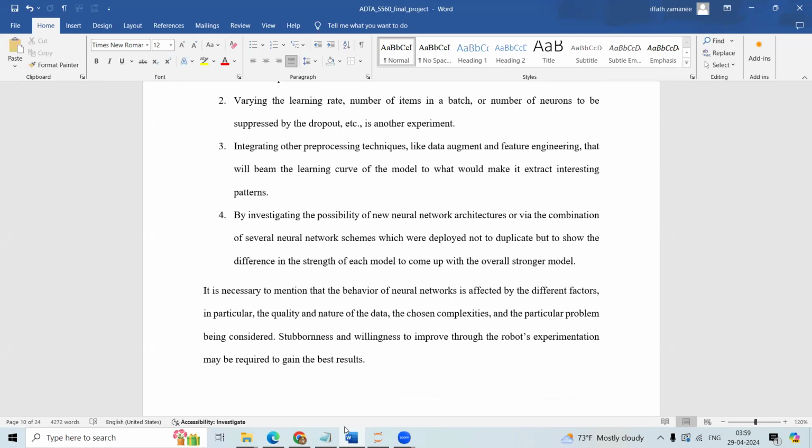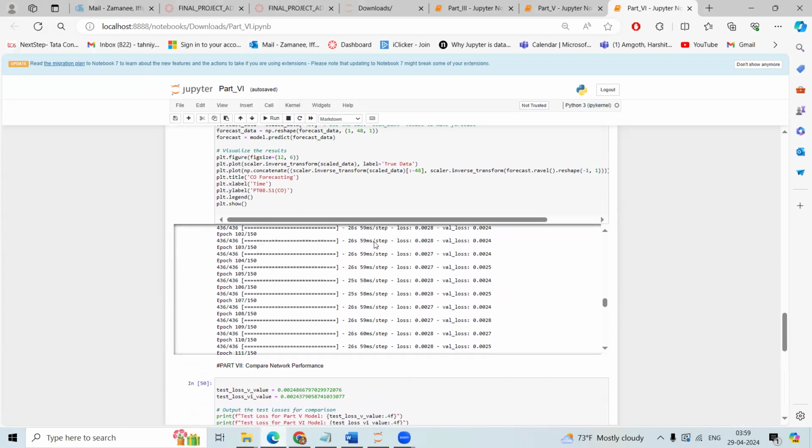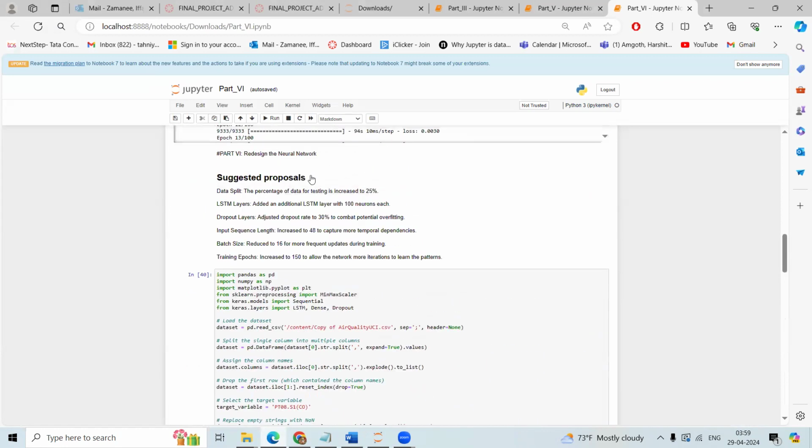So these are all the steps that we have already discussed: the testing and training split of 25 and 75, adding an additional LSTM layer with 100 neurons, adjusting the dropout rate to 30% to combat potential overfitting, increasing the input sequence length to 48 to capture more temporal dependencies, reducing the batch size to 16 for more frequent updates during training, and increasing epochs to 150.